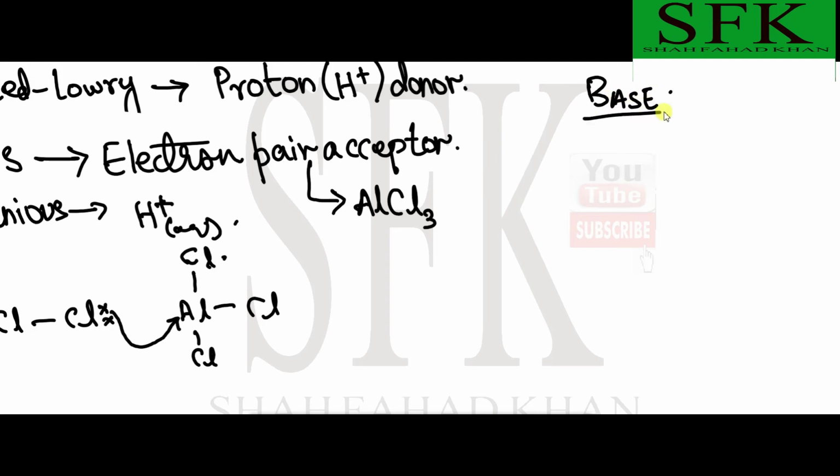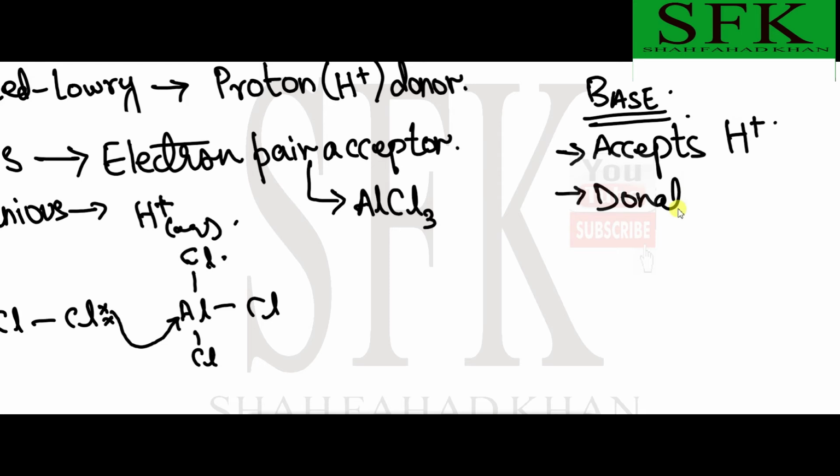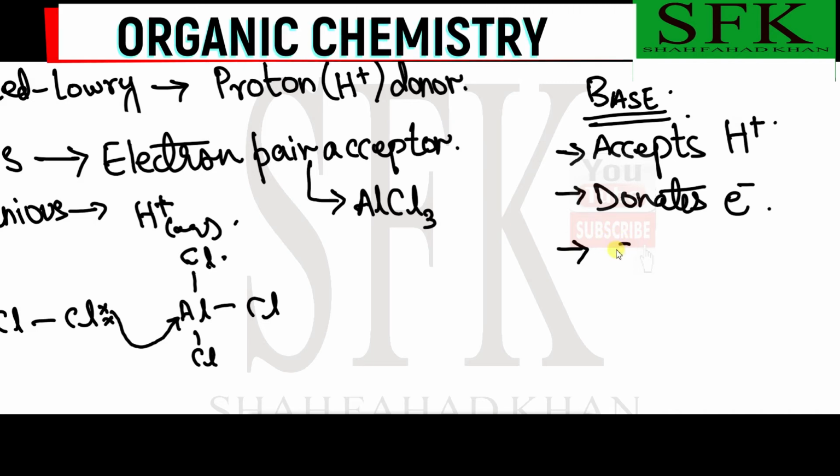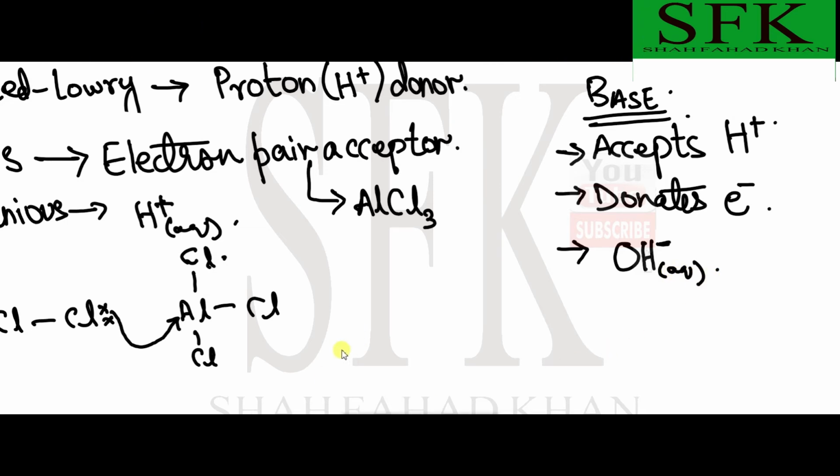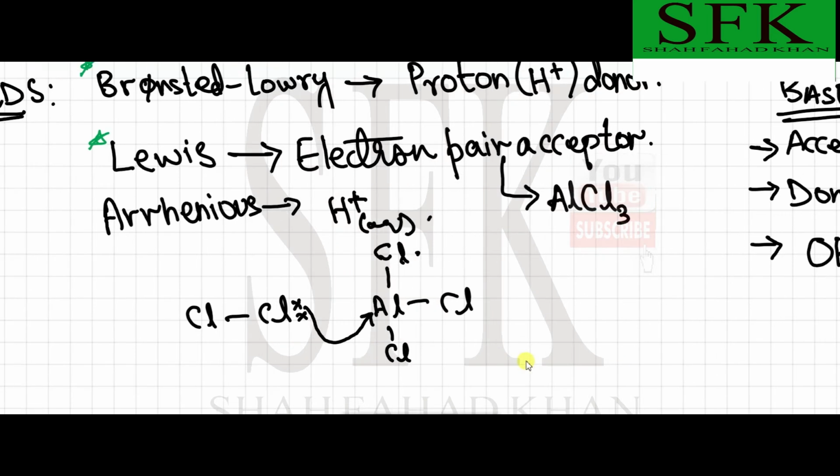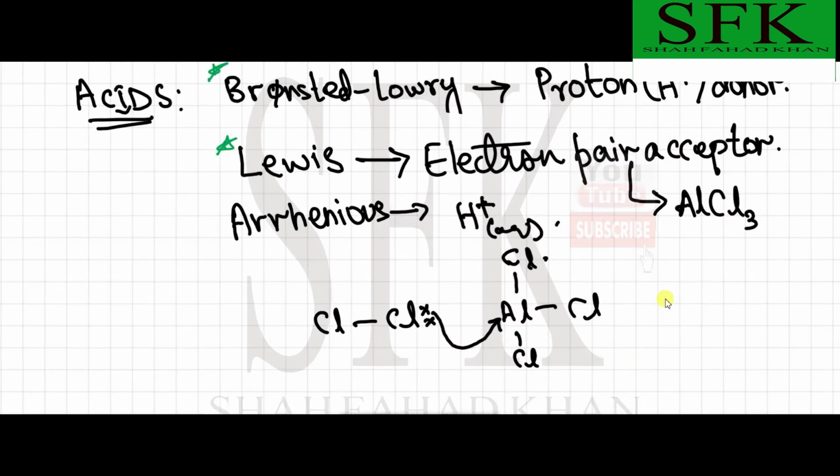According to Bronsted-Lowry, a base accepts protons. According to the Lewis definition, a base donates electrons. Acids accept electrons, bases donate electrons. And according to Arrhenius, a base is any substance that produces OH negative ions in aqueous solution. So these are the three definitions of bases, just a big recap of AS.